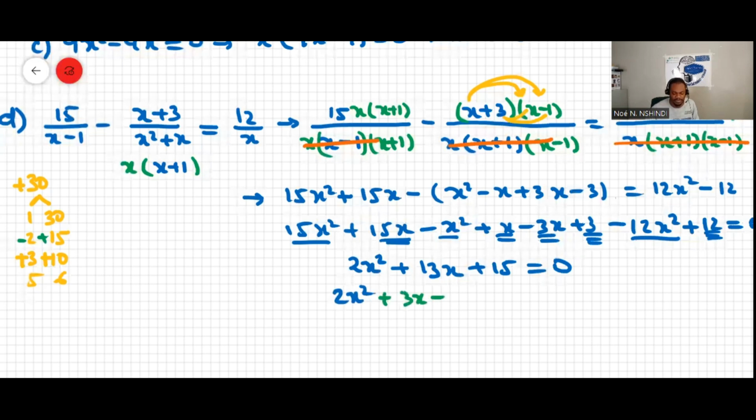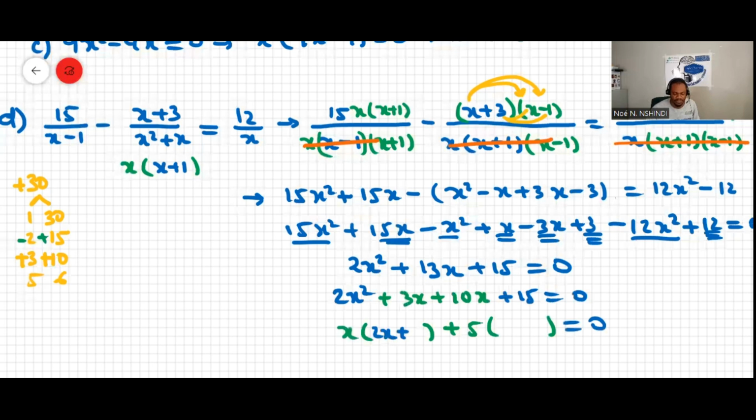plus 3x plus 10x plus 15 equals 0. So now we can take x as a common factor, and plus 5 as a common factor here, equals 0.